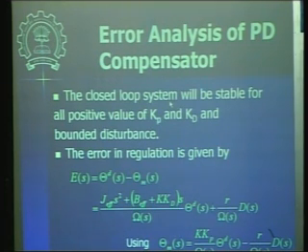An important thing to note here is that for different types of controllers you will have different closed loop systems. You have to do a separate analysis for each one of them. It is not like you will get the same equation for all the controllers. For different controllers you will get different equations and then different systems, and you have to do analysis for each of these systems separately.